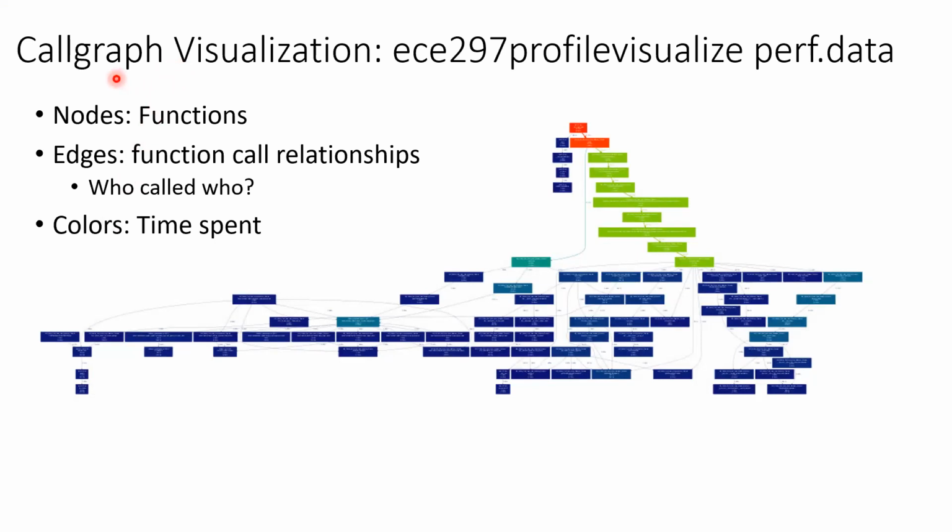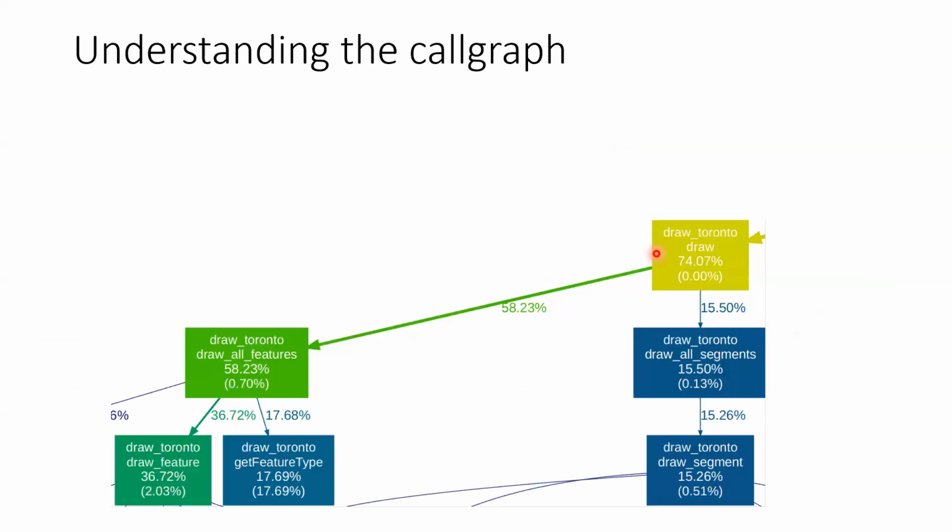So what you will most likely have is a call graph that has all of the functions as nodes, and edges are the relationships between the functions, so which function called which function. Your colors will signify the amount of time spent.